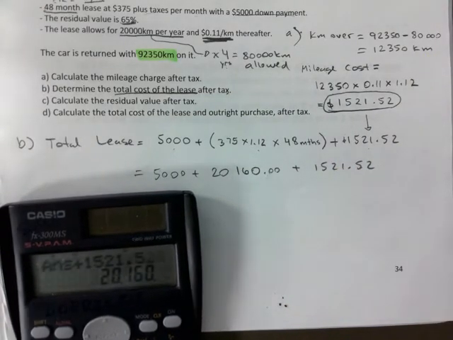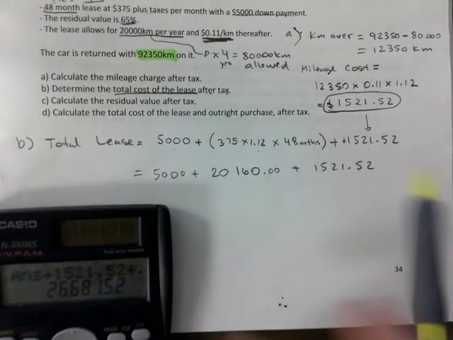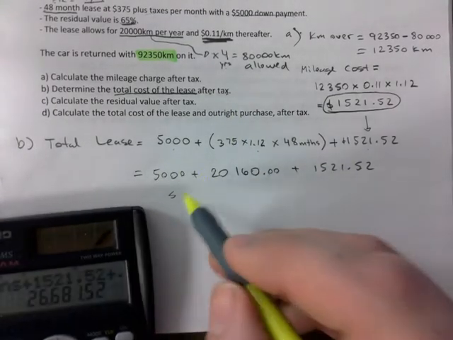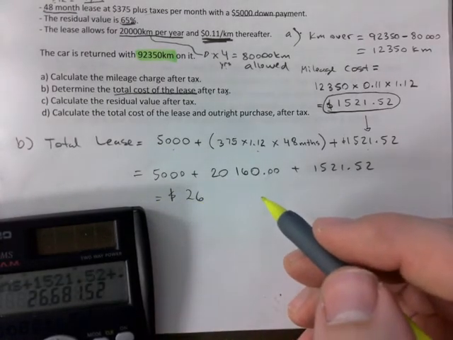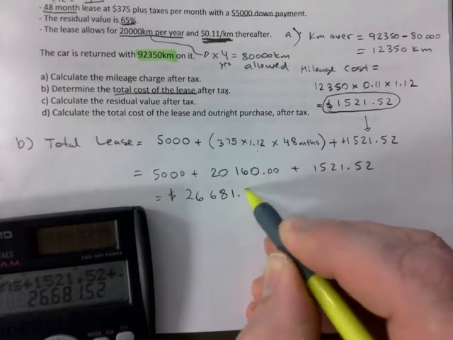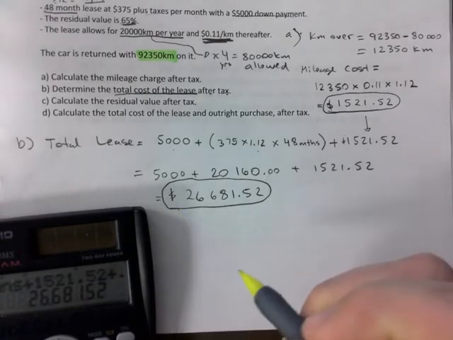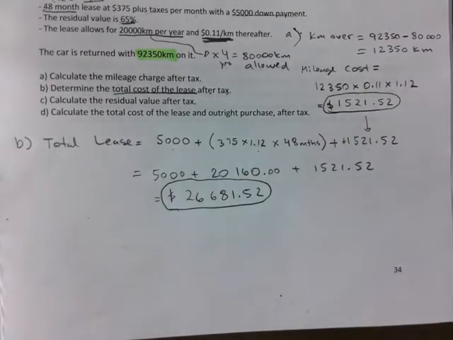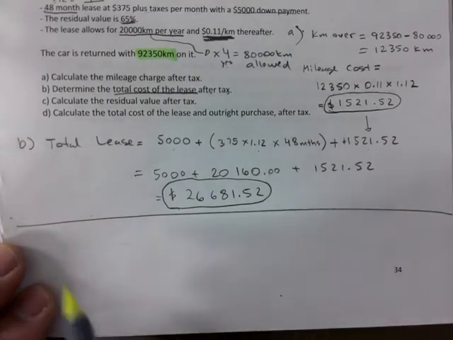So I'm just going to add up everything that's around the number I just calculated. So here it is, 26,000. I hope those numbers match. Yeah, they do. Okay. 681.52. That's the total cost of leasing. 26,681. I'm going to cut that off there.